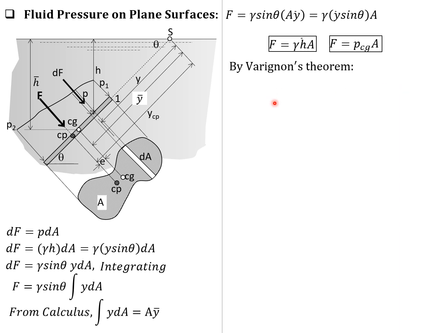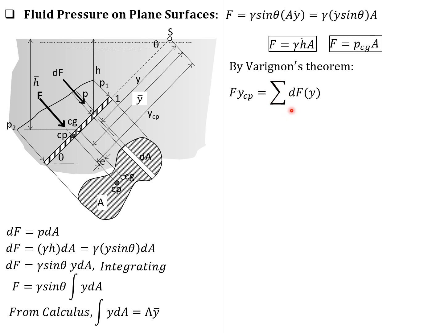So by Varignon's theorem, to derive e and y sub Cp, the moment of F about the axis through point S is equal to the sum of the moments of its components, dF times moment arm y. So F times y sub Cp equals the summation of dF times y. The moment of one component is differential force times y.